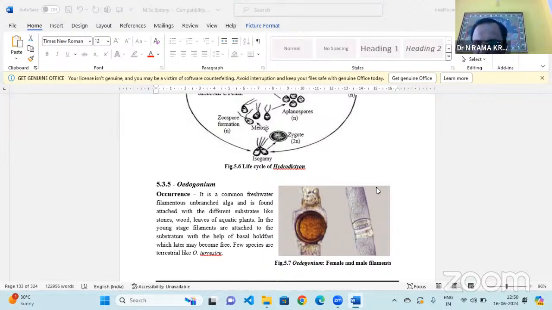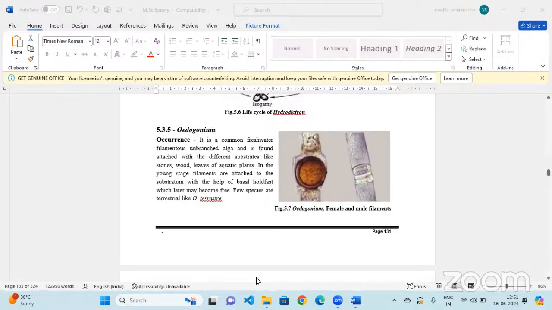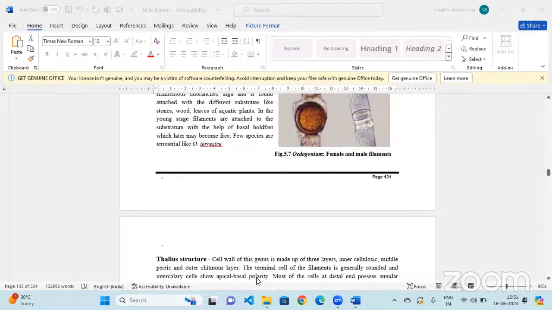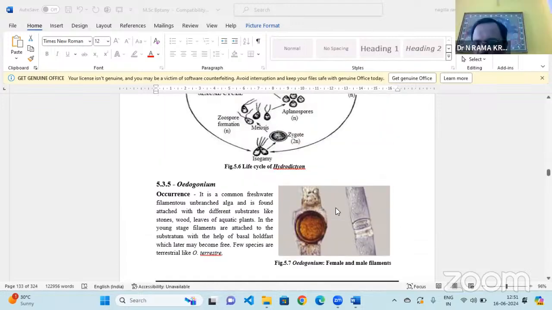Asexual reproduction takes place by quadriflagellate zoospores, which are produced from 30 to 40 cells, sometimes more. In favorable conditions, for example in Ulva, one cell is modified into a special type of structure.